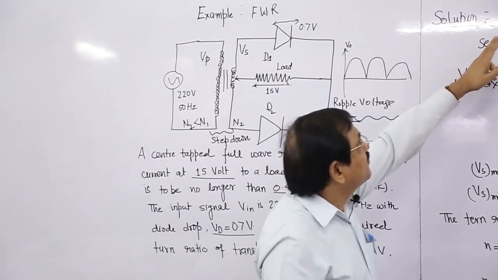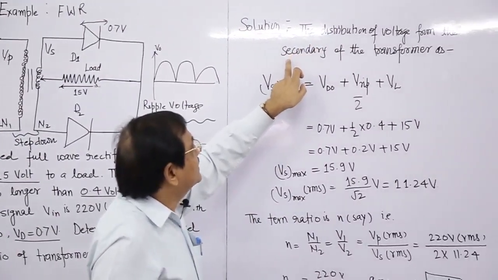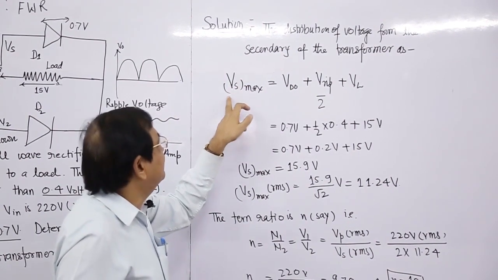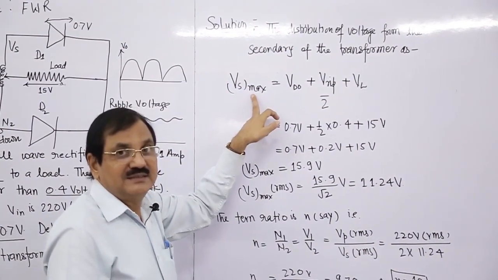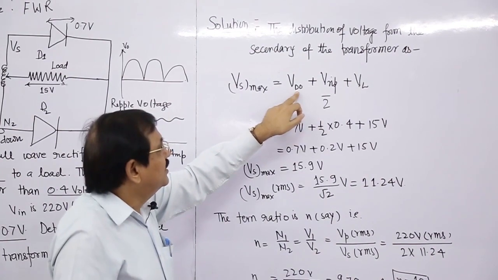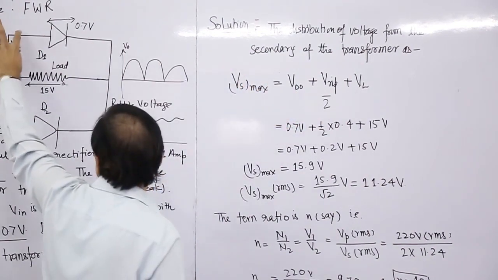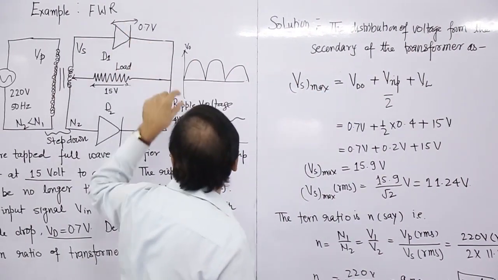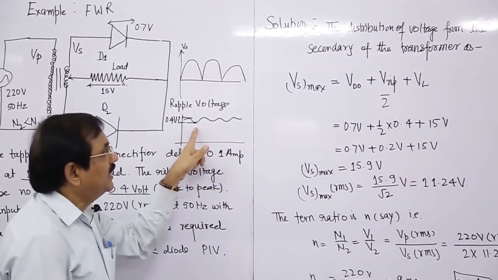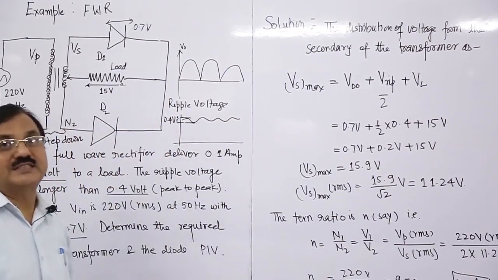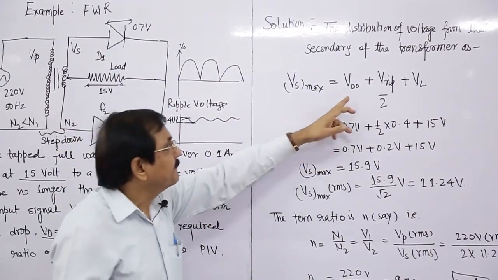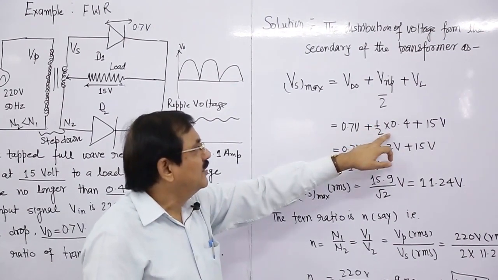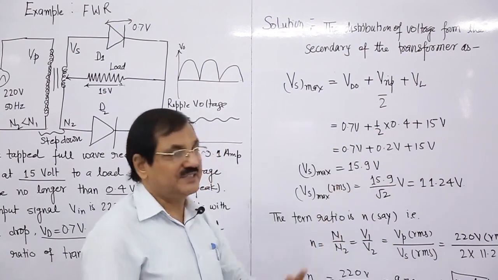So, we see the distribution of voltage from the secondary of the transformer: Vs max is the diode voltage drop, then the ripple voltage drop, and then VL, the load voltage. So, what do we have? VD is 0.7 volt, the ripple drop is half of 0.4, and then 15 volt.